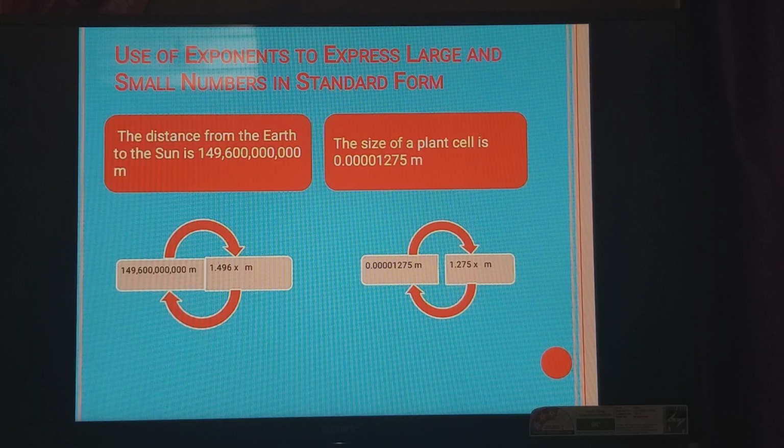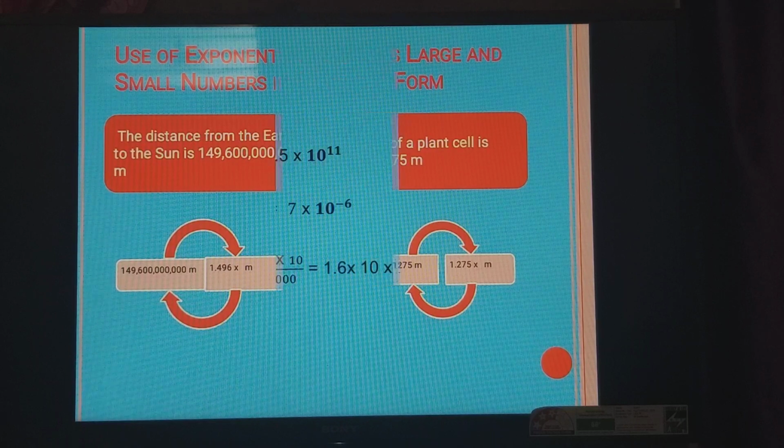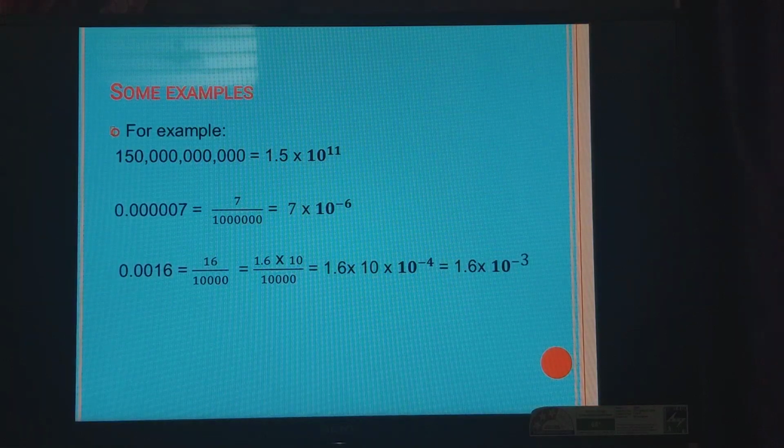For example, if the measurement is 0.000125 meter, we write it in standard form. Another example: 1.5 into 10 to the power 11.